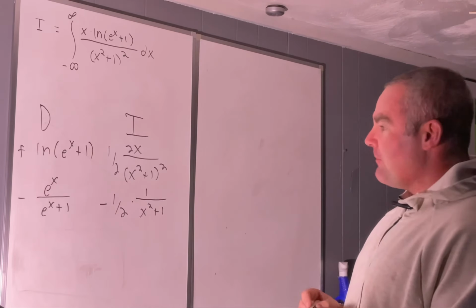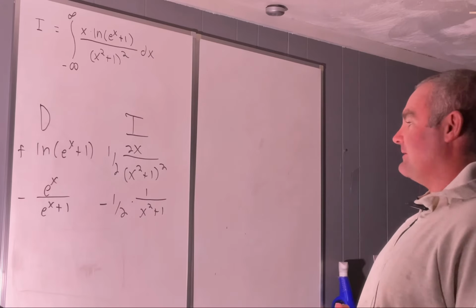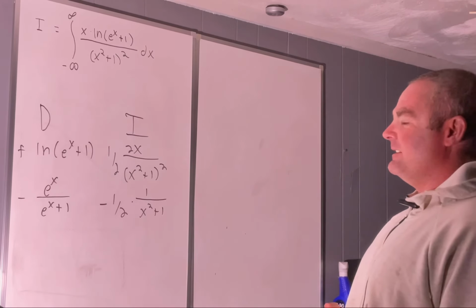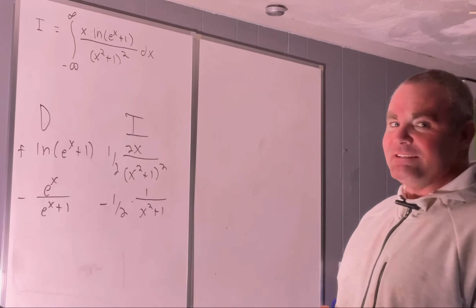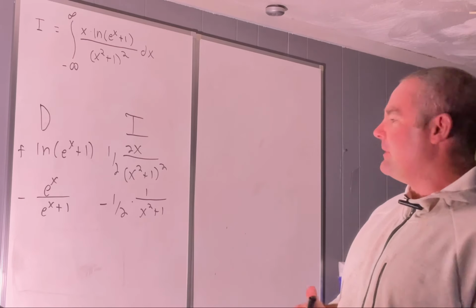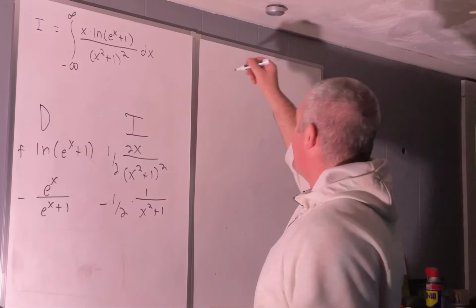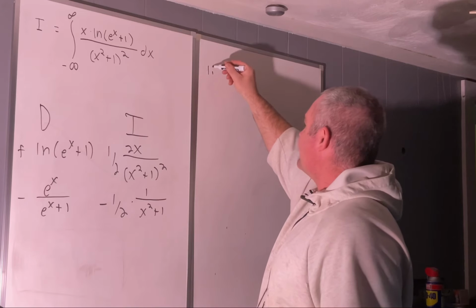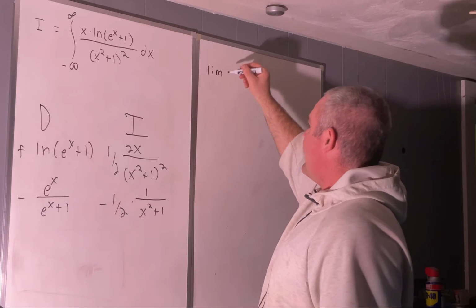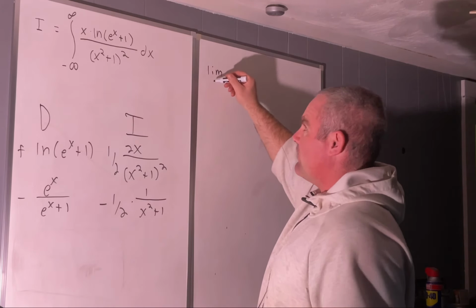And I'm not actually going to show that. It's not very difficult. Maybe I will show it. All right. So what we have is the limit as, let's see, well, our upper bound.